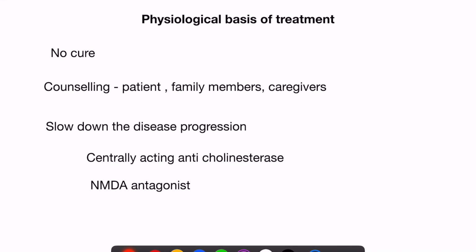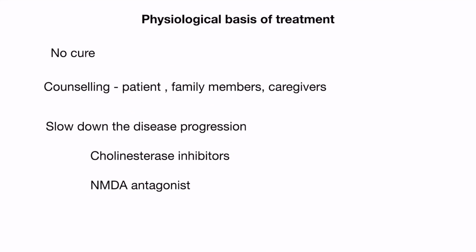Okay. Now what is the physiological basis of treatment? Till date there is no cure for the disease. Main target of the therapy is counseling of the patient, family members, caregivers, because the patient needs extreme care as the disease progresses over time. Nowadays, certain drugs have been approved to slow down the disease progression.